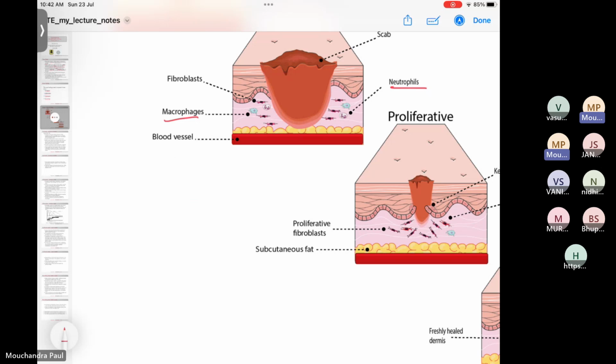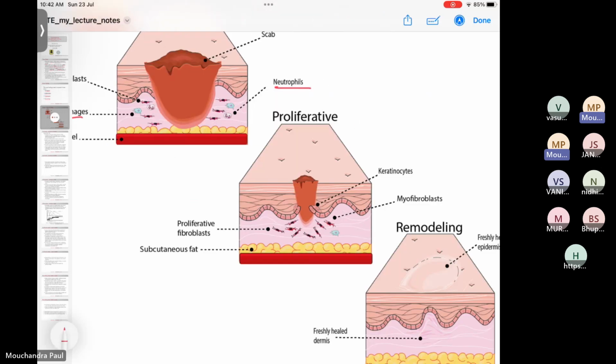The keratinocytes are the main residents. They will also show this high rate of cell division and try to cover that area. And if some blood vessels are also ruptured, the endothelial cells will also divide continuously and make continuous blood vessels so that there is no leakage of blood anywhere.